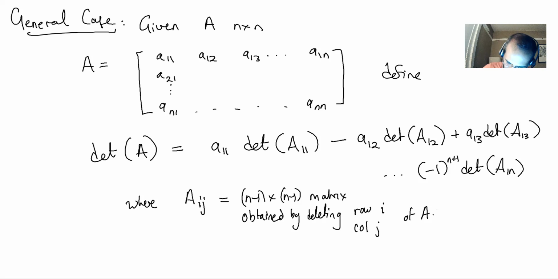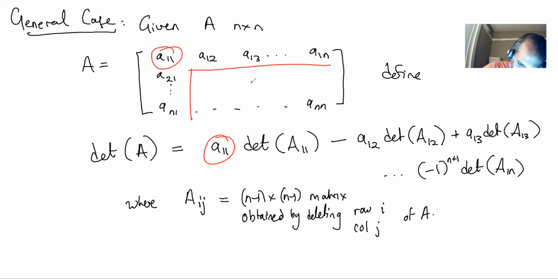Let me just clarify what's going on here. This A11 entry is being multiplied by the determinant of the matrix you get after deleting the first row and column. So capital A11 is going to be this matrix. And then you're going to do the same thing for A12, where you delete now the first row and second column. And then for A13, you delete the first row and third column.